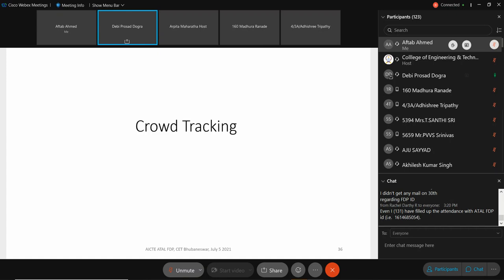Why did I choose crowd tracking? There is a reason. In many surveillance applications, the primary objective is to identify people and track them. When you would like to identify more people, or a group of people, it becomes a crowd. It may be 5 people, 500 people, or 5,000 people.